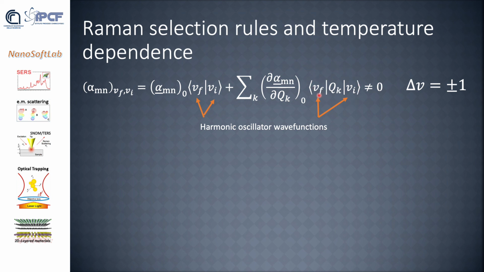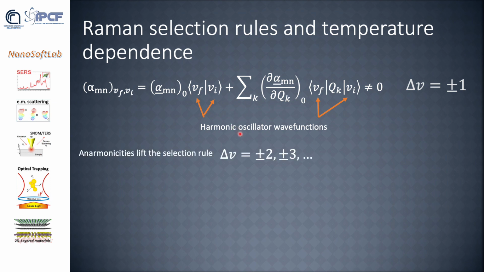And since nu f and nu I are harmonic oscillator wave functions, this term will be different from zero only if the difference between nu f and nu I is plus or minus 1. This dictates the selection rule for normal Raman spectroscopy, assuming a harmonic oscillator potential.